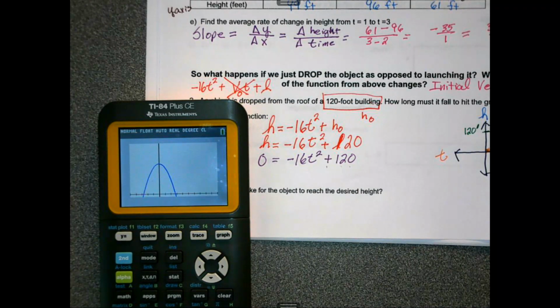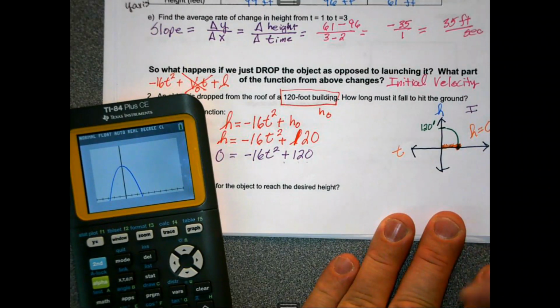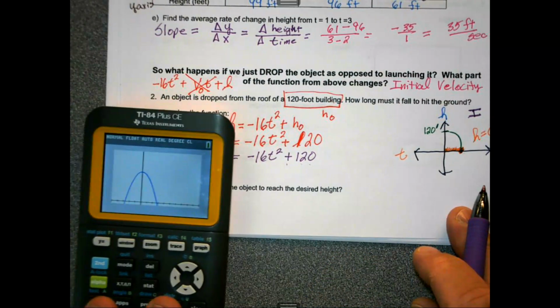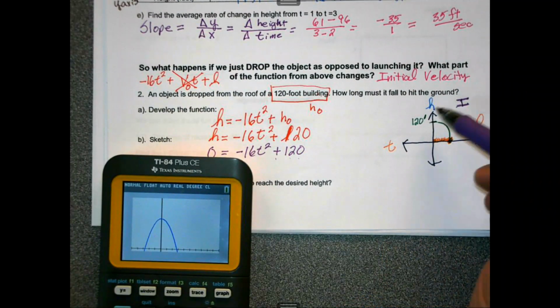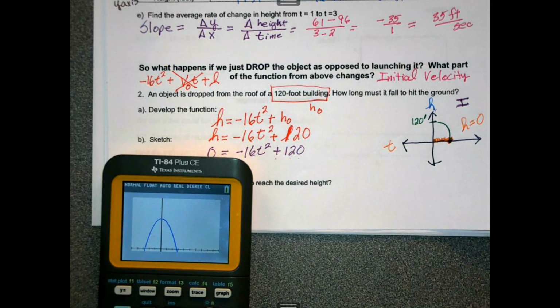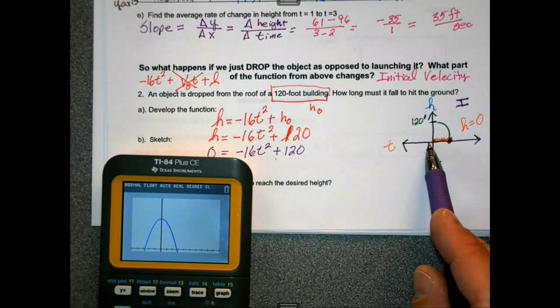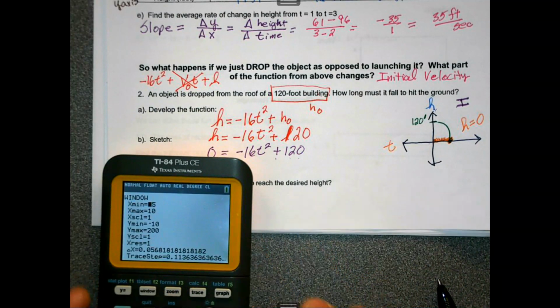Notice that I really only need this quadrant, quadrant one, right? If you want to play around with your calculator, you can get it to show just this quadrant. Like I could put for my t minimum something like -1, right? I'm going to go back to my window here.